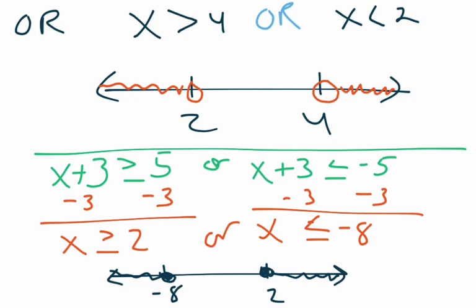Now, I want to point out something. This is a very, very common mistake. I teach a couple dual enrollment math classes, and my students in dual enrollment, they've all had Algebra 2 to even get to dual enrollment, they will make this mistake. They will see x is less than 2 or x is greater than 4.